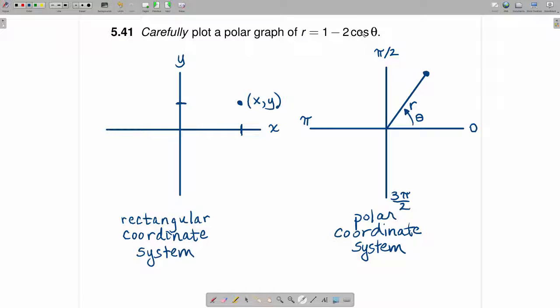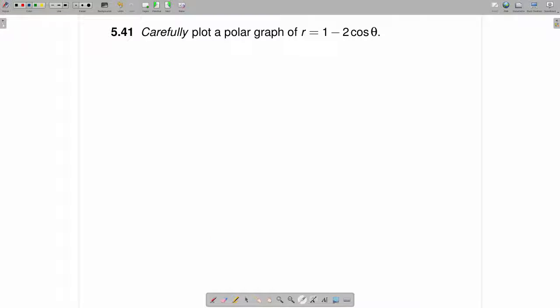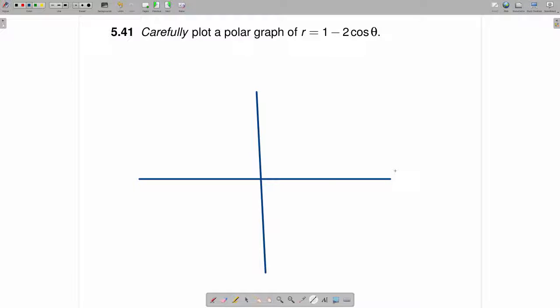Now let's erase all of this and we'll start to work on the polar graph. The first thing that you do is set up your set of axes, and I'll do that right here. Second thing to do is to generate a number of theta, r pairs for this particular graph.